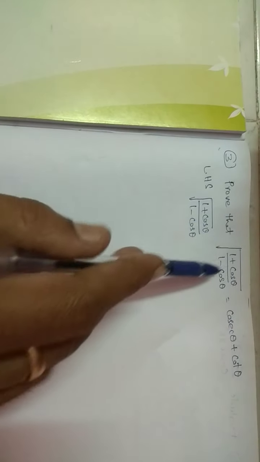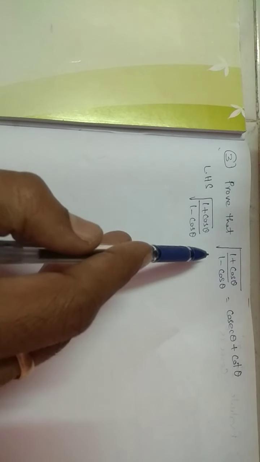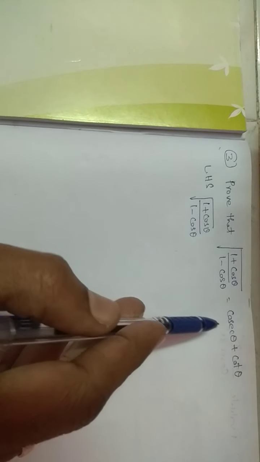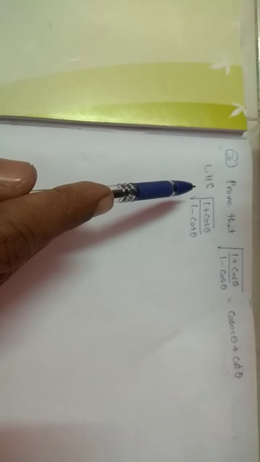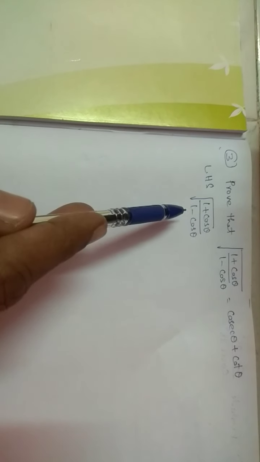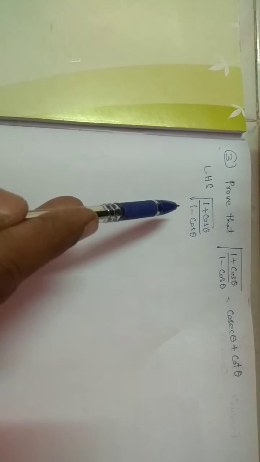Now the third problem. Prove that root of 1 plus cos theta by 1 minus cos theta is equal to cosecant theta plus cot theta. In such cases, in the same manner, we take the LHS, that is root of 1 plus cos theta by 1 minus cos theta. Now in this case, we can rationalize the denominator.